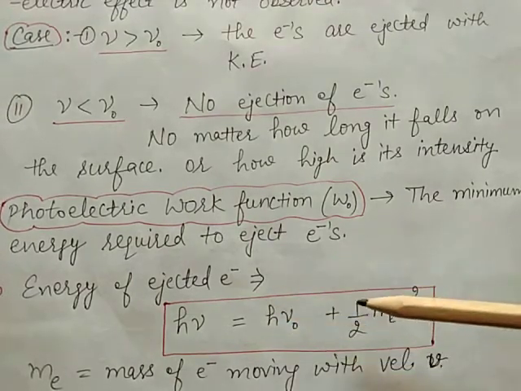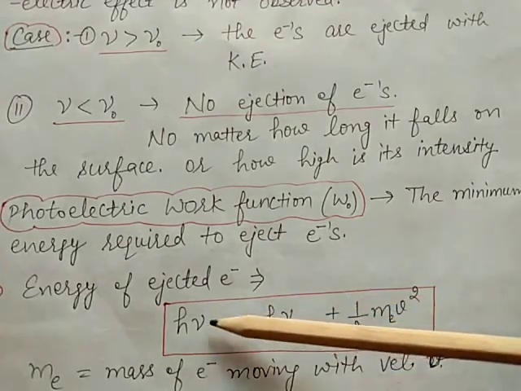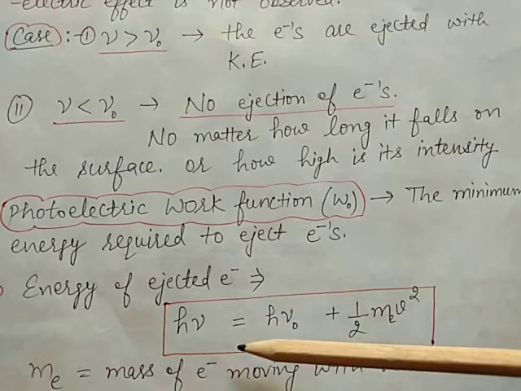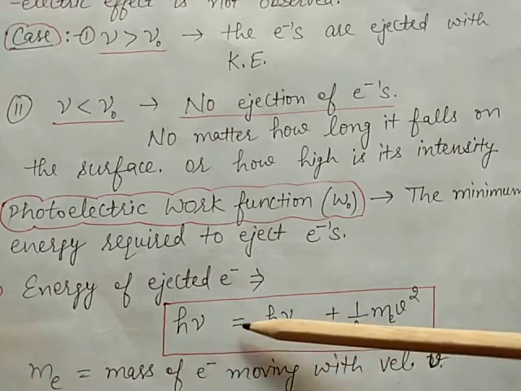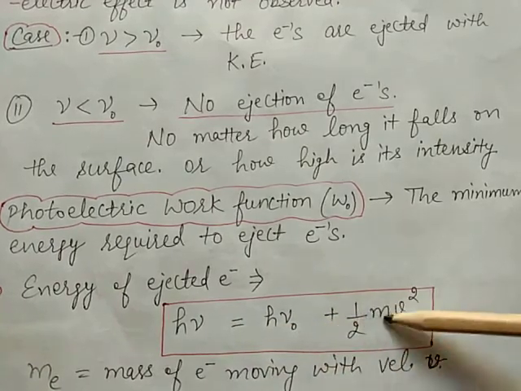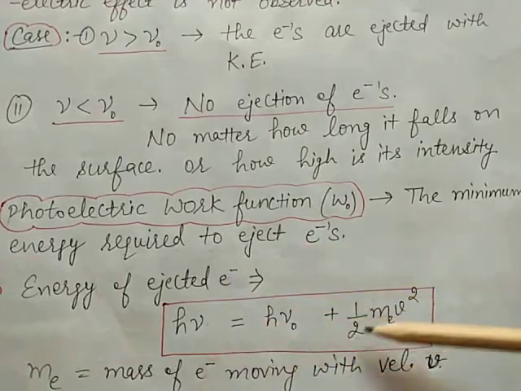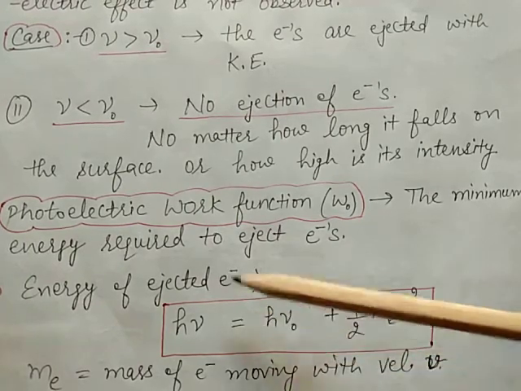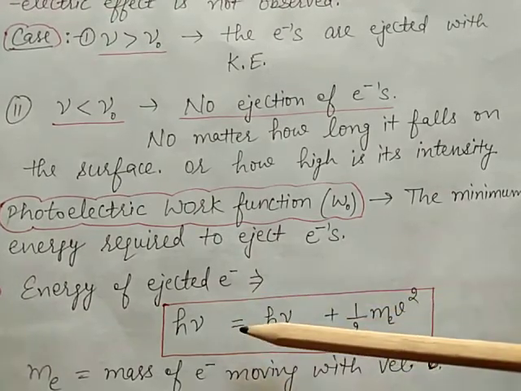So this is the formula for the energy of striking photons: h nu equals h nu naught plus half m v squared. With the help of this, we can easily find the energy of ejected electrons.